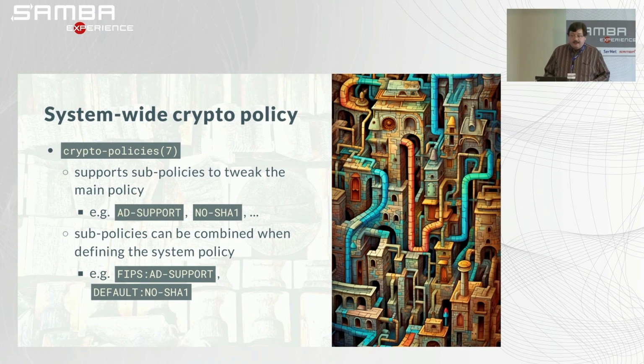And depending on a distribution version or a distribution as a whole, there may be a different default, a different subset of policies. For example, Fedora does not want to disable SHA-1. The community decided there are so many use cases that they want to keep it. So you can set the default no-SHA-1 policy in Fedora to emulate the default policy from RHEL 9.